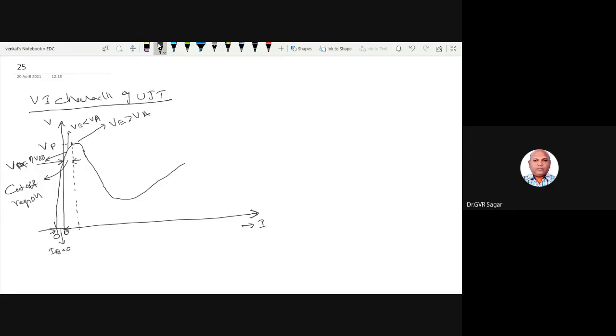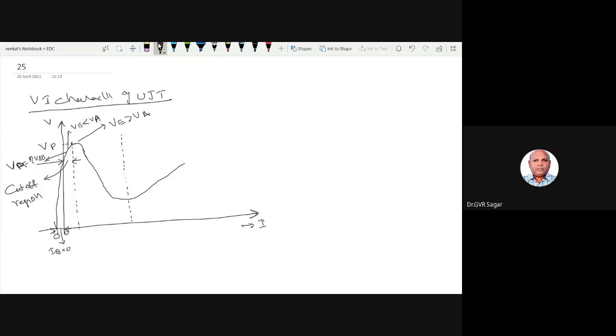Now the VA voltage comes here. So at this region, the diode is conducting, right? Diode is conducting, but diode ఎలా కండక్ట్ అవుతుంది? డిక్రీజ్డ్ వోల్టేజ్, డిక్రీజ్ రెసిస్టెన్స్, రైట్. కరెంట్ పెరుగుతుంది, వోల్టేజ్ తగ్గిపోతుంది.